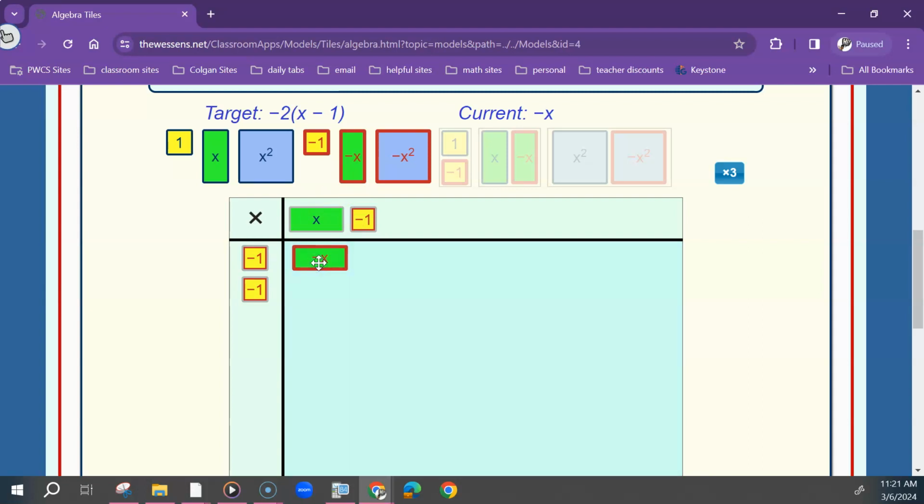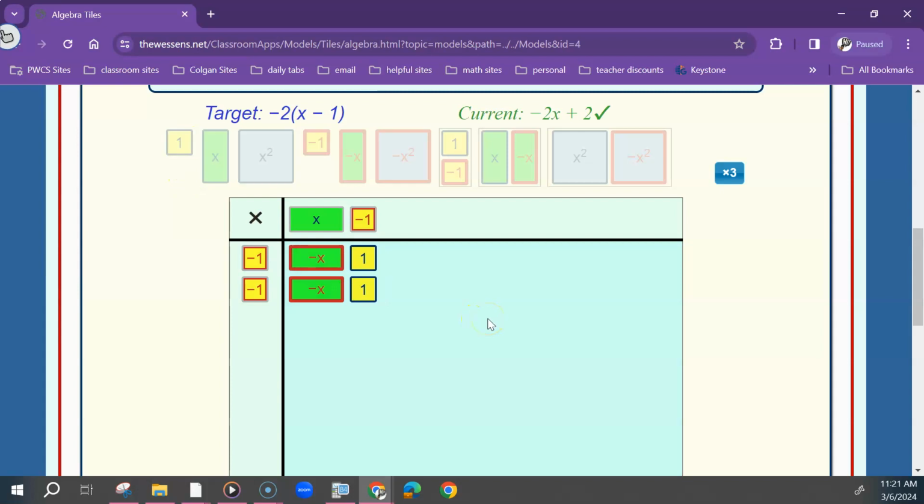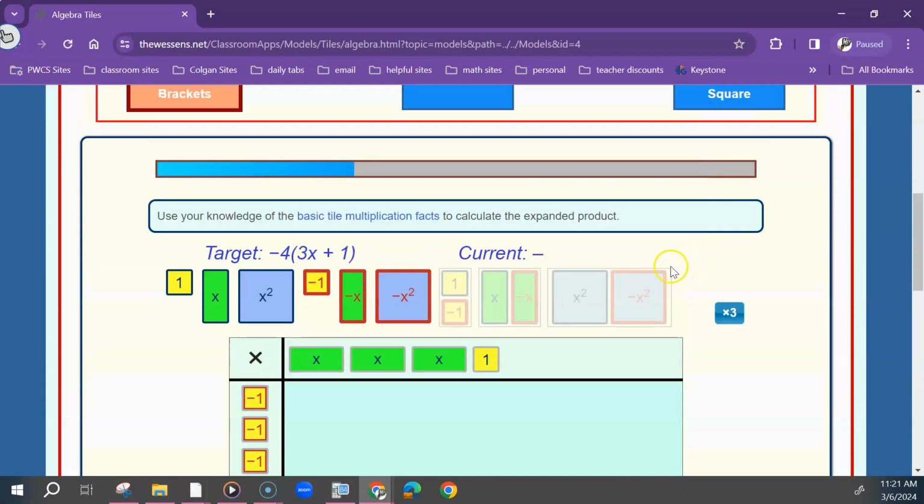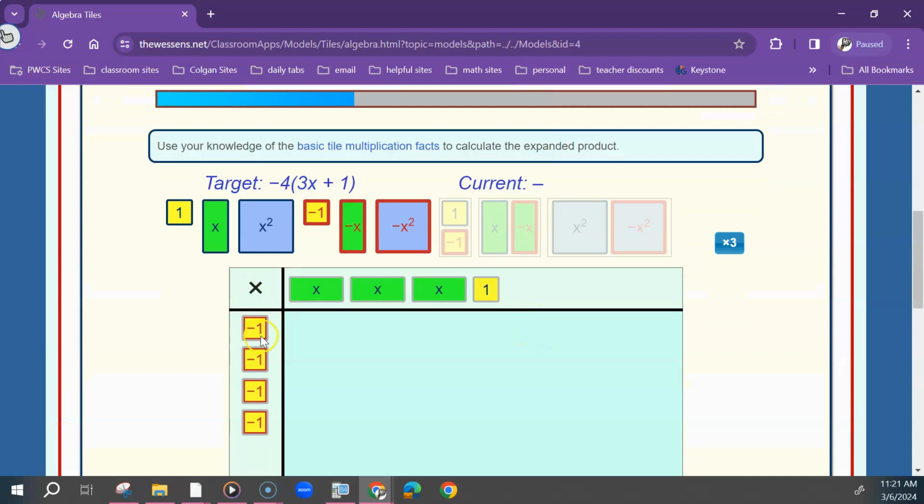And when you do this with algebra tiles, your end goal is to make this into a square or a rectangle. We know this one would also be -x. And then -1 times -1, +1. Same thing here, -1 times x, -1x.